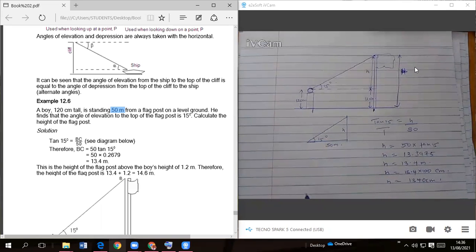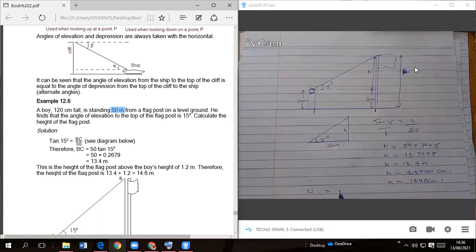To get capital H, you can say H is equal to the small h, which is 1340, plus 120. And what do we get from there?